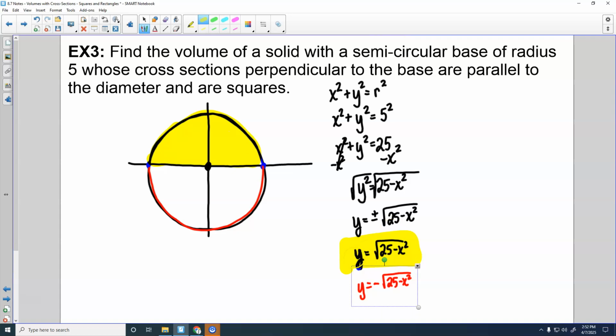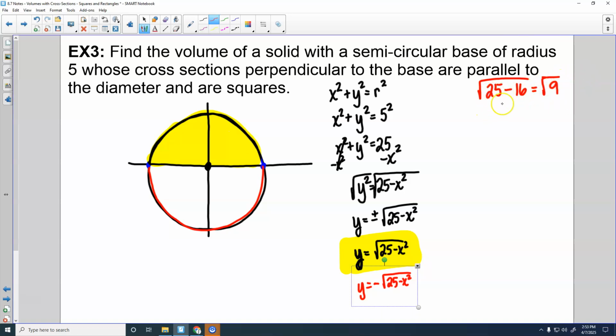Can you go ahead and change that to 5 minus x? Would that be right? No, can't do it, because things that are added or subtracted, you cannot take the square root of them separately. For example, the square root of 25 minus 16 would be the square root of 9, which is 3.